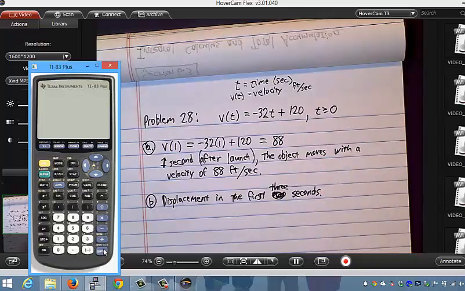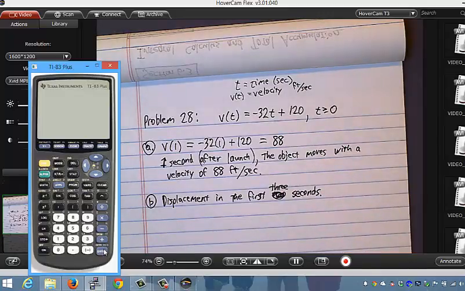First 3 seconds. All right, I want a graph again. I just think that a graph really helps. So let's see what's going on here. Y equals, clear this thing out. Let's put in negative 32t plus 120.